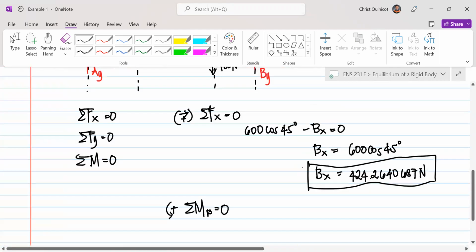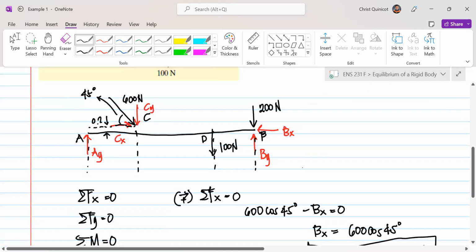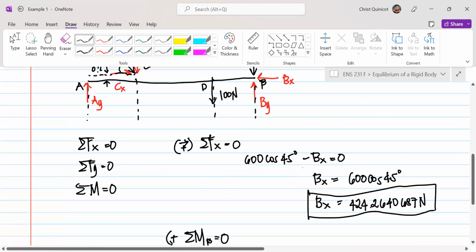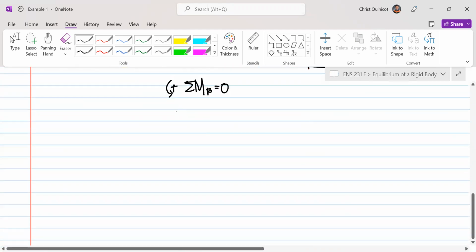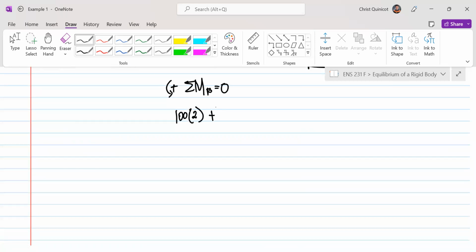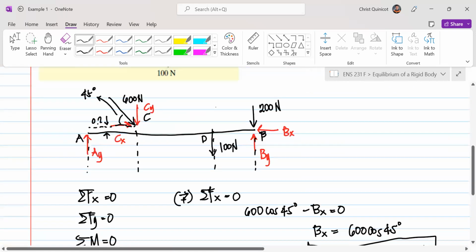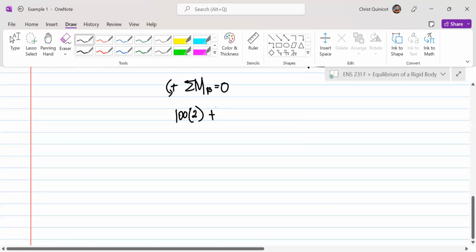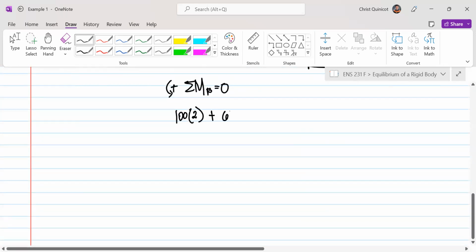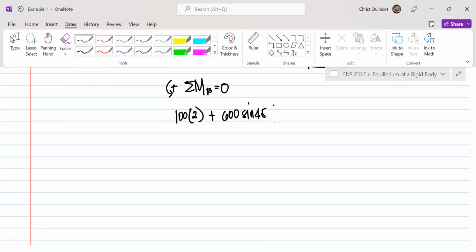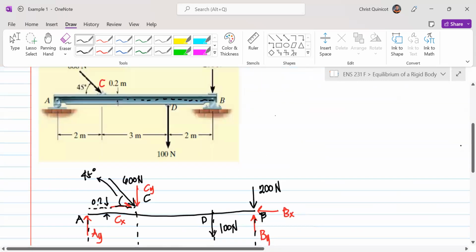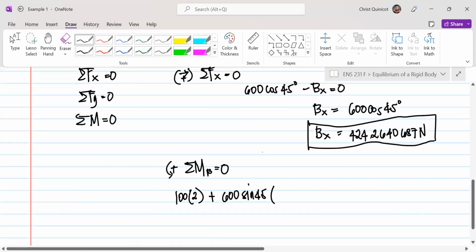So, okay, let us do that. Assuming counterclockwise positive, that is 100 Newton going down times 2, so 100 times 2, plus the Y component, that is 600 sine 45 times 2 plus 3, so that's 5.